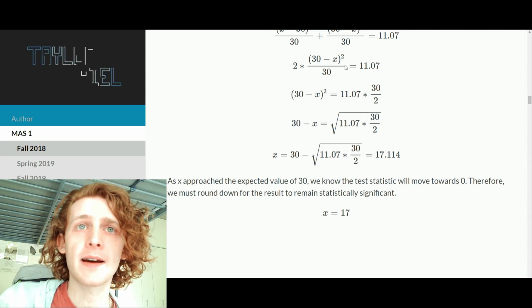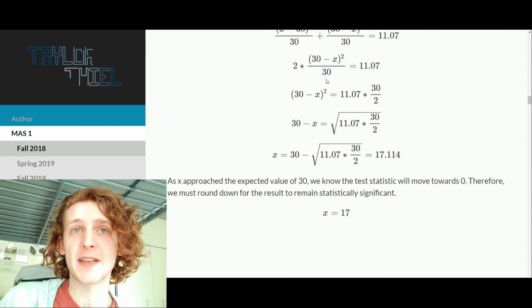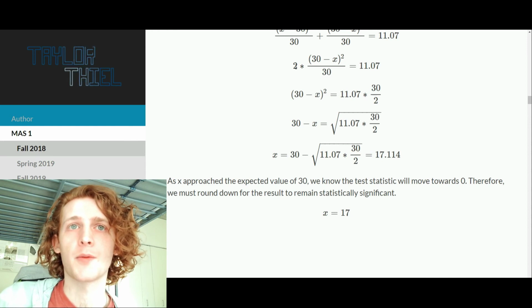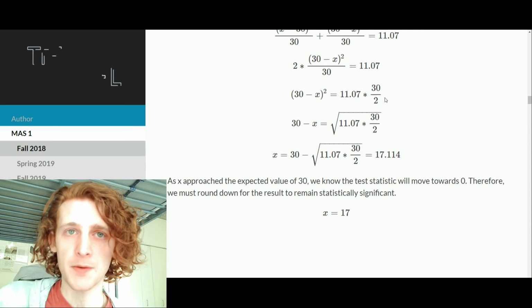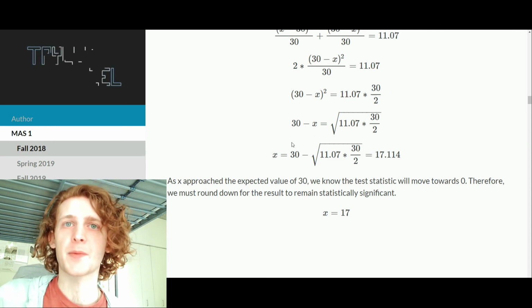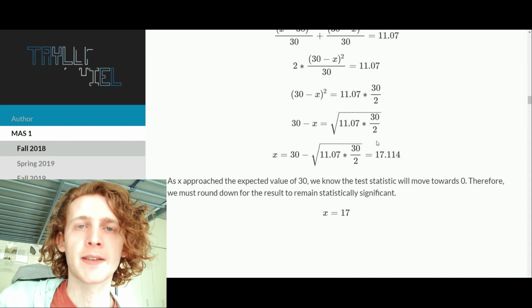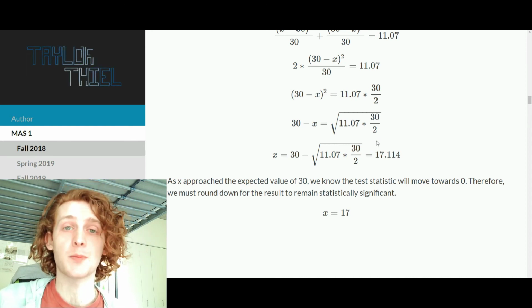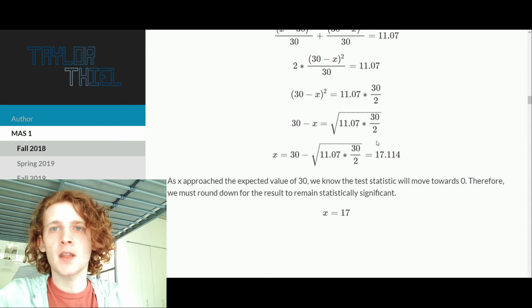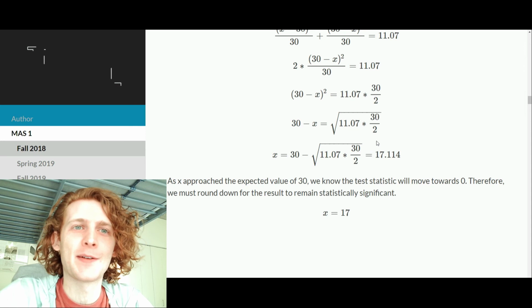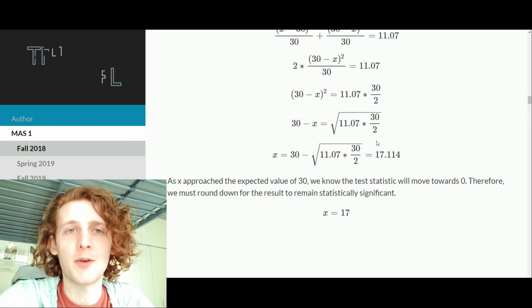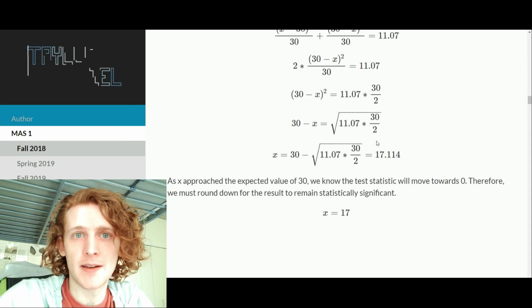So we do that, and here we're just doing a bunch of arithmetic. We're going to divide both sides by 2 divided by 30. Then we're going to take the square root, and then add x to both sides, and then subtract off that mess. And we get a value of 17.114. So we know that if we had that many rolls of 5, it would be statistically significant.